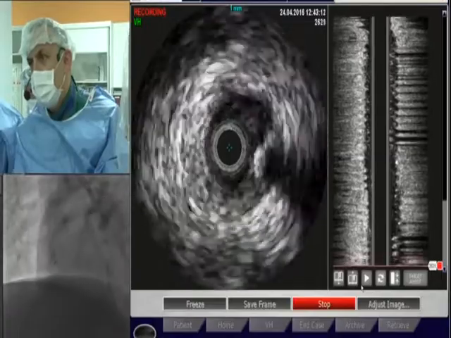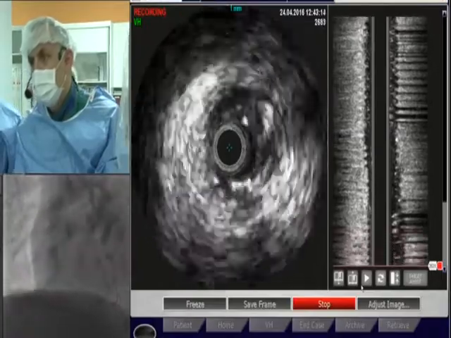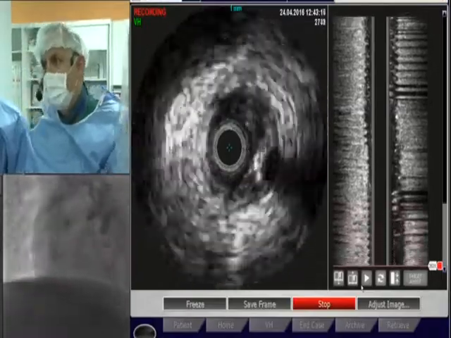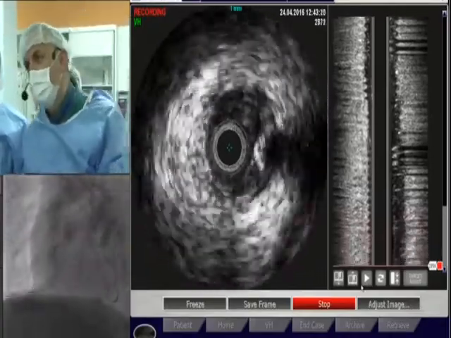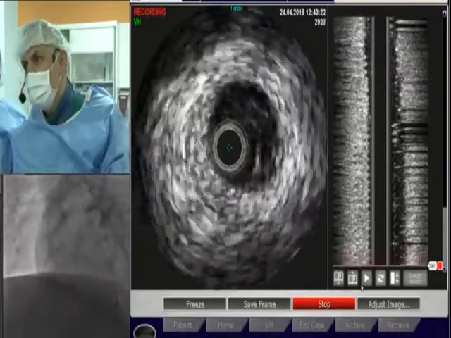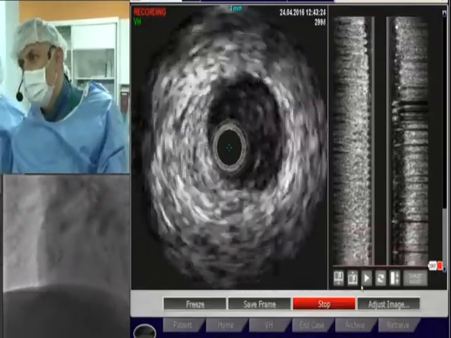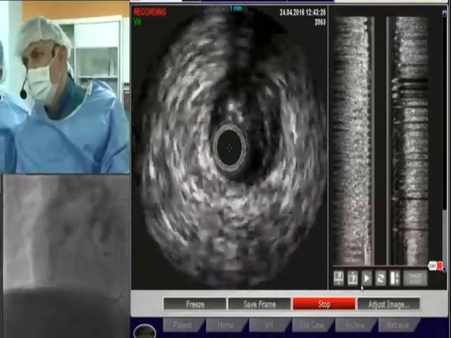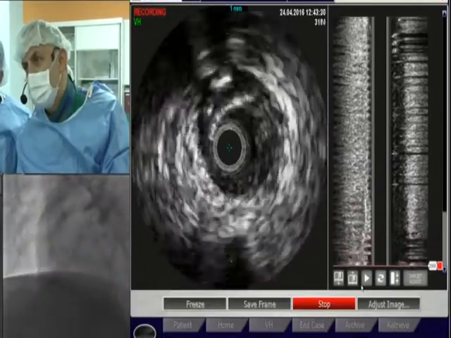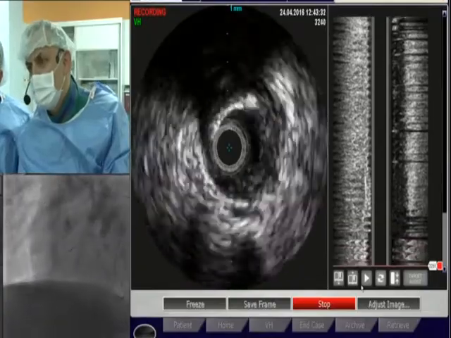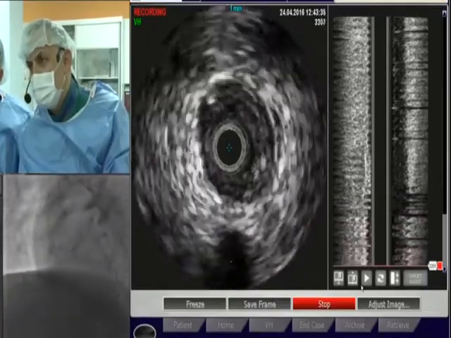And now I am in the subintima, right? From there, my wire went to the subintima. You see the true lumen from 12 to 3 o'clock. Yeah, there's a side branch here. There's calcification from 9 to 11, 9 to 1.